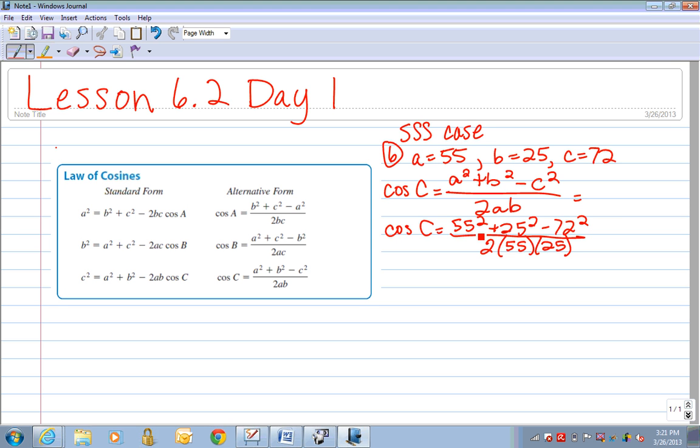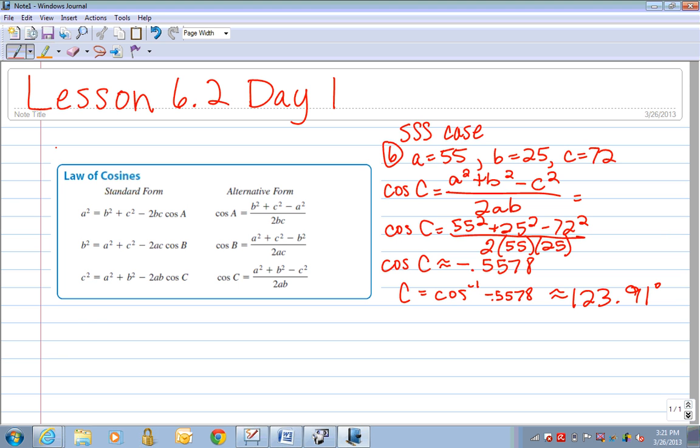And then recall that when I type this in, I'm going to get approximately negative 0.5578, and then I need to do the inverse cosine, which will give me C, inverse cosine of that decimal, and then I'm going to round to 2 decimal places, and that gives me 123.91.